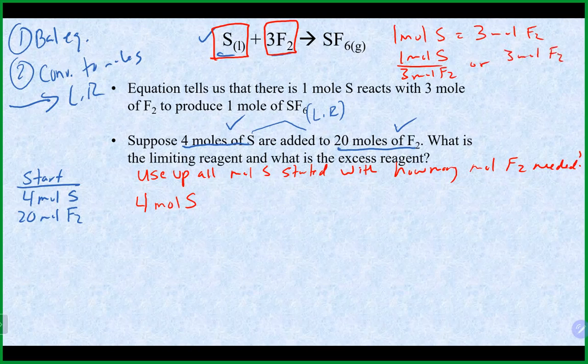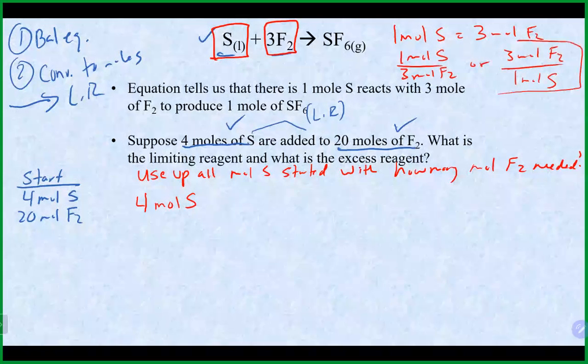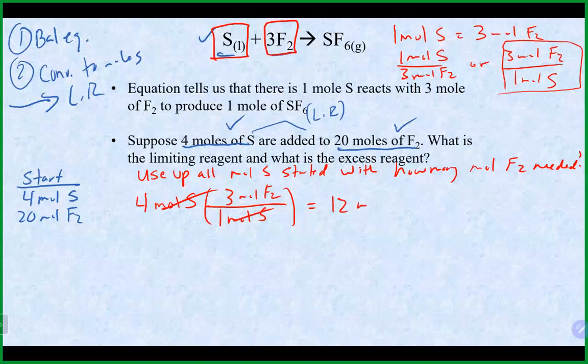So 3 moles of F2, 1 mole of sulfur. At this point, we want to use the conversion factor here on the right. So I'm just going to do this small calculation here: 4 moles of S times 3 moles of F2 over 1 mole of sulfur, moles of sulfur cancel, 12 moles of F2 is needed.